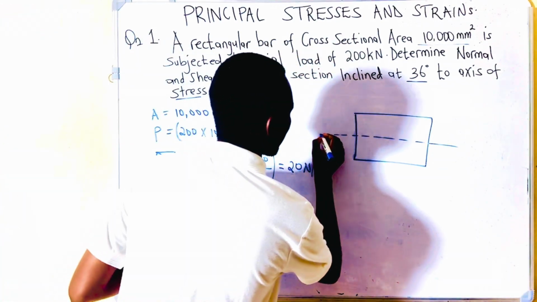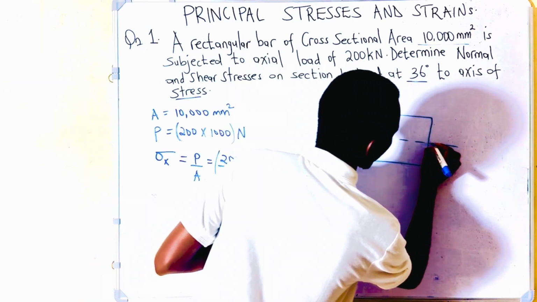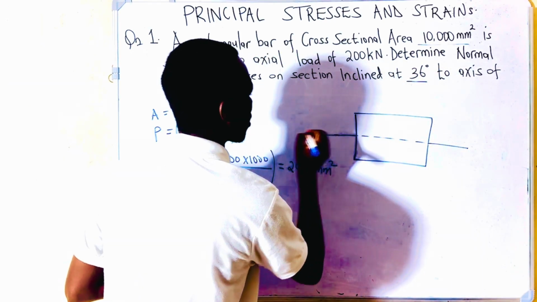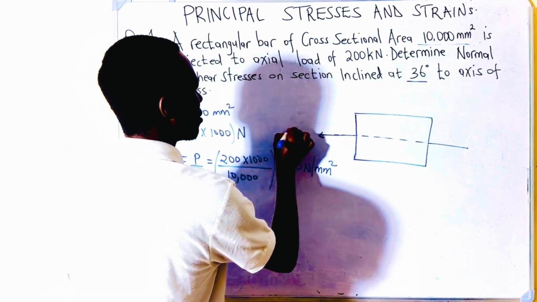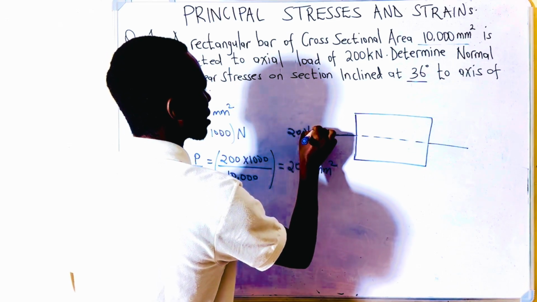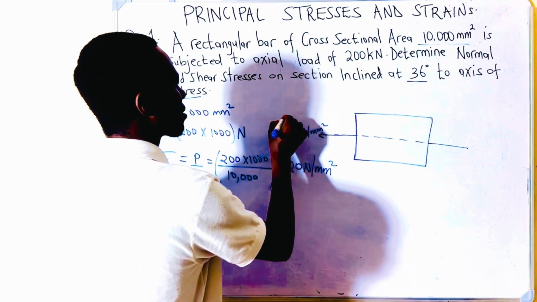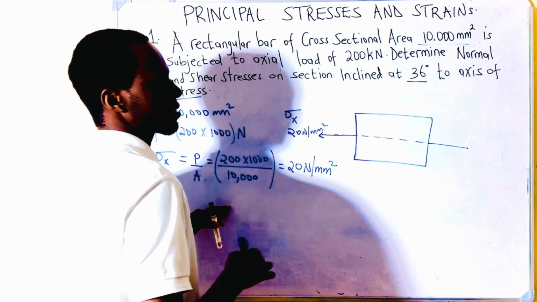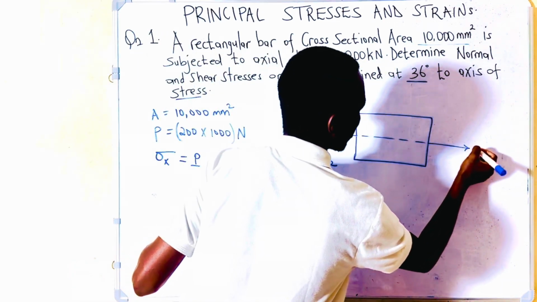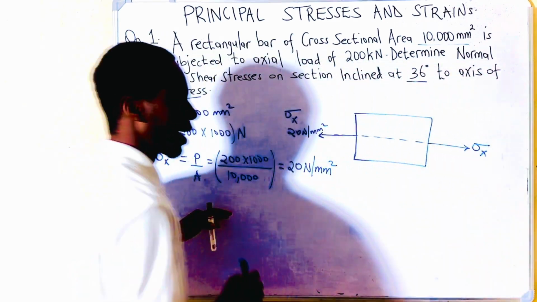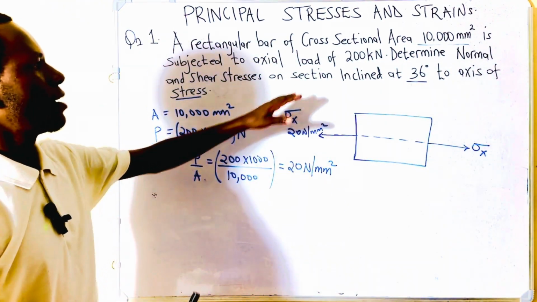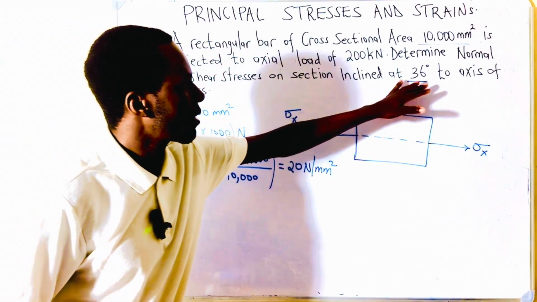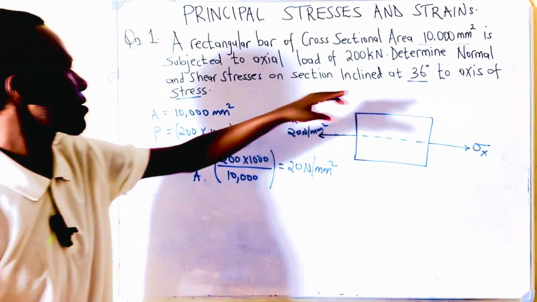In terms of stress, it is producing a stress of 20 Newton per millimeter square. So the value of sigma x here is given, the same on this side, sigma x.